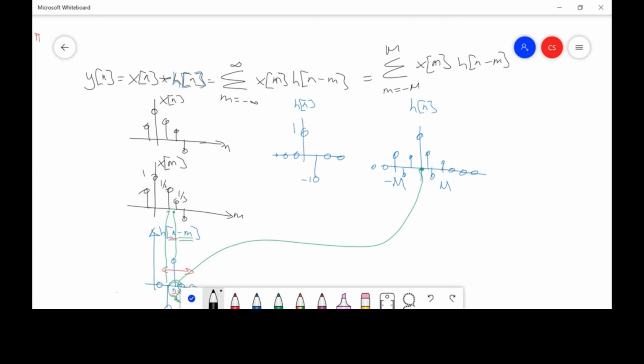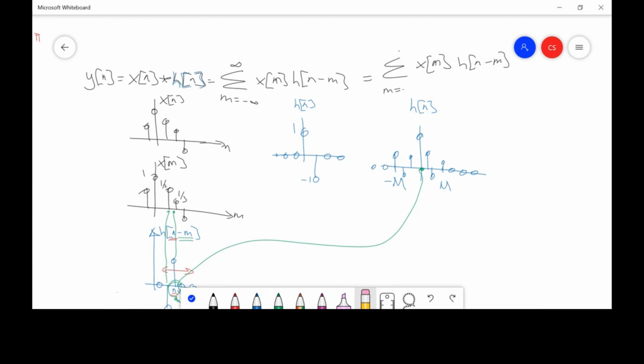Okay, good. Now, actually, I did it wrong. The sum is not of minus n to n.